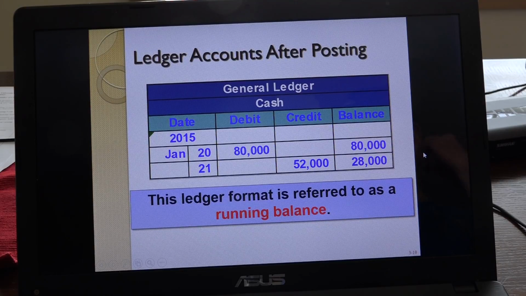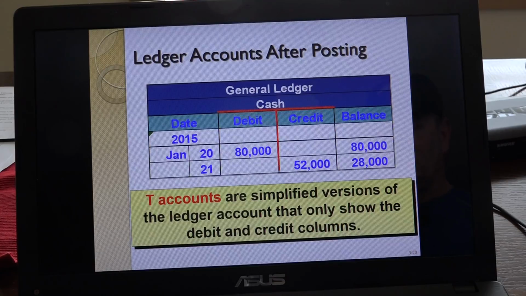And so the ledger keeps a running balance, whereas with your T accounts, you won't. So it's kind of a modified ledger account. T accounts simply are versions of the ledger accounts that only show the debit and credit columns, not the running total.